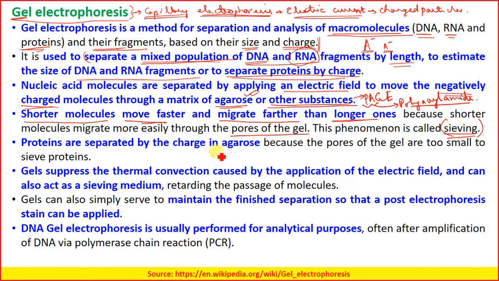Proteins are separated by charge in agarose because the pores of the gels are too small to sieve the protein. Okay, that means in the case of proteins, when we use agarose gels, they are not capable of sieving the proteins.